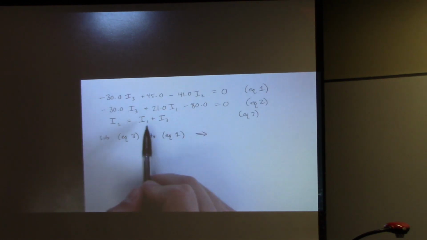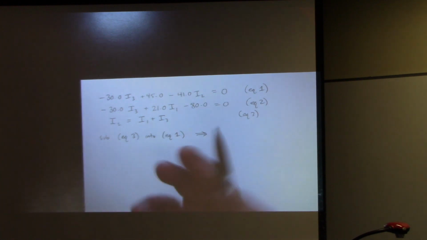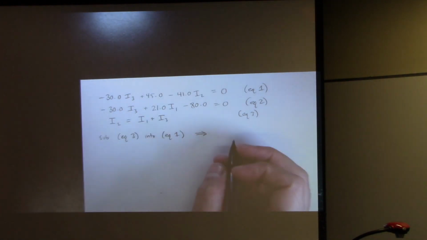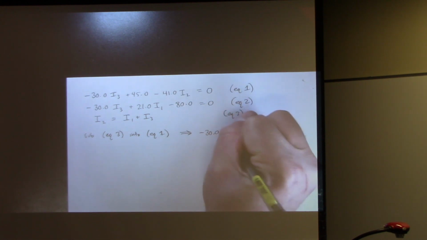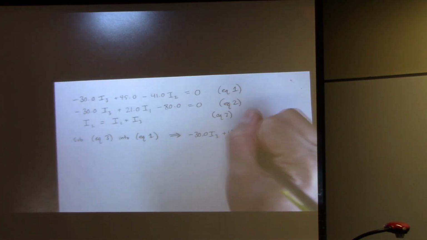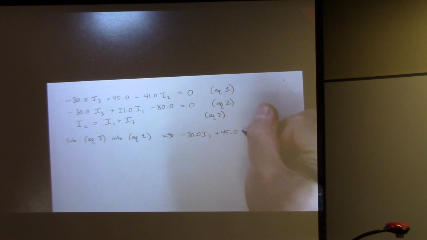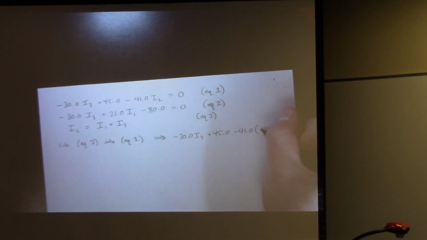The way I'm going to do that is by subbing in I1 plus I3. So that gives us the following. We have minus 30 times I3 plus 45, and then minus 41 times I2, which I'm subbing in as I1 plus I3.